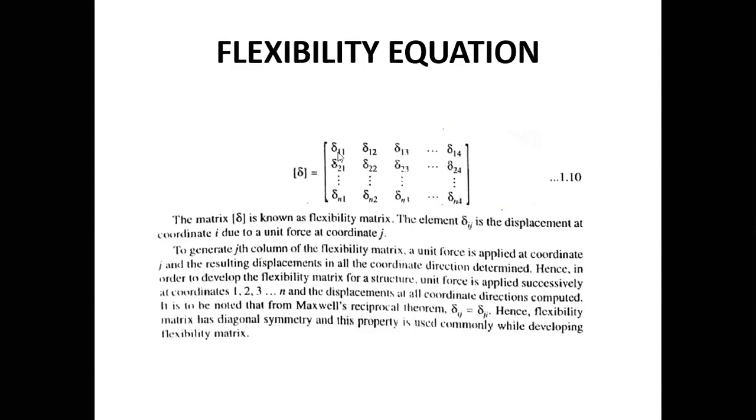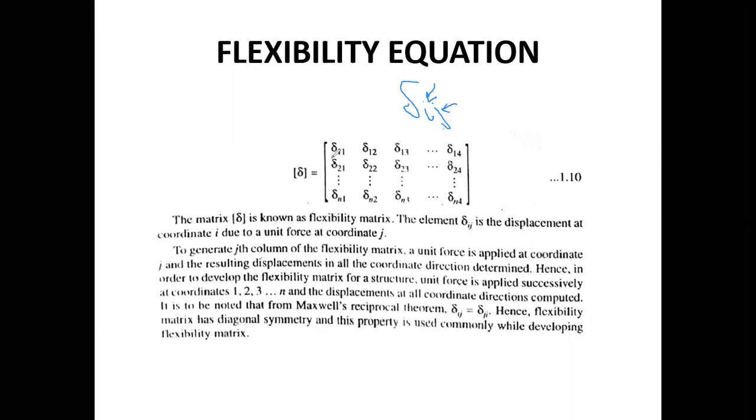The first term is represented like this, that is del i j. The term i represents where the impact is seen, and the letter j represents the coordinate direction where the load is applied.